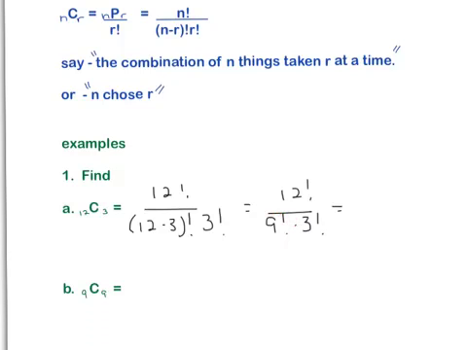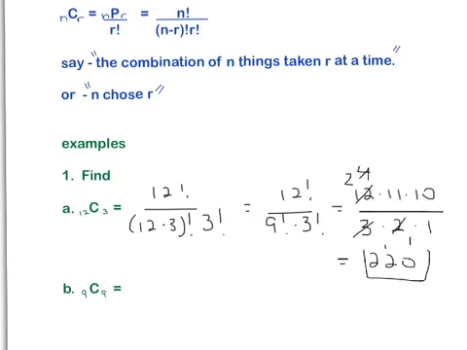So everything will cancel out but the 12, 11, and the 10. The 9 and on is going to cancel out with my 9 factorial down here. So that's all I'm going to have in the top. And in the bottom, I'm still going to have my 3 times 2 times 1. So without a calculator, I could easily go through and do some simplifying here. And I end up getting 2 times 11 times 10, or 220.